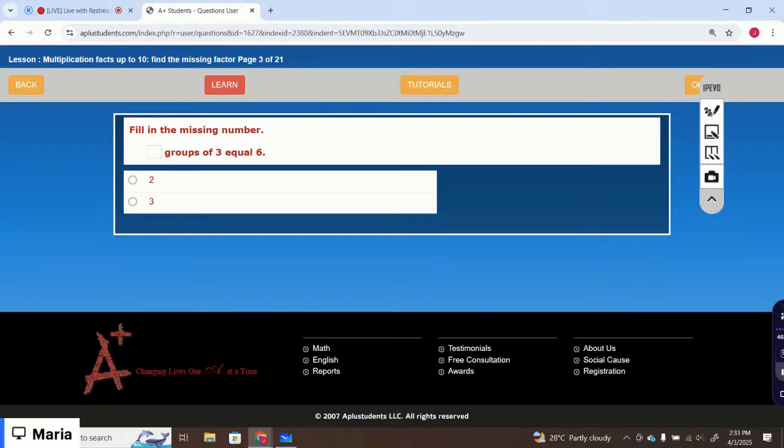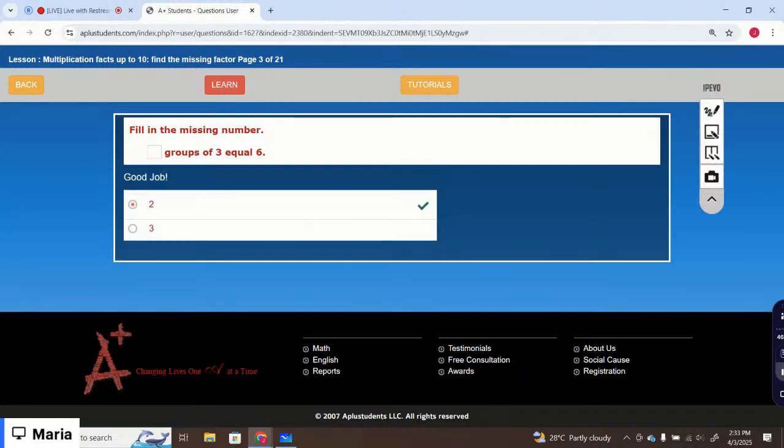How many groups of 3 equals 6? So, 2 times 3 equals 6. Option number 1 is the correct option.